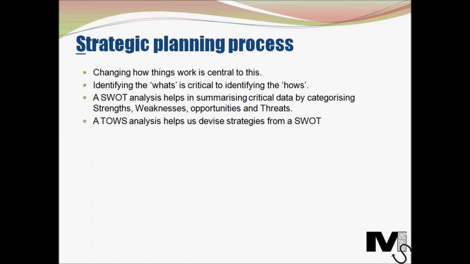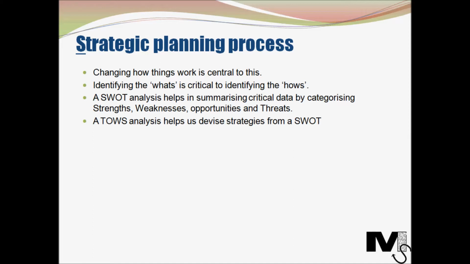It's important to understand that identifying the what's is critical to identifying the how's. Unless we identify what's wrong or what needs changing, we cannot start with the process of how that change will be implemented. These actually will be our strategic objectives, which will be a part of our mission statement.